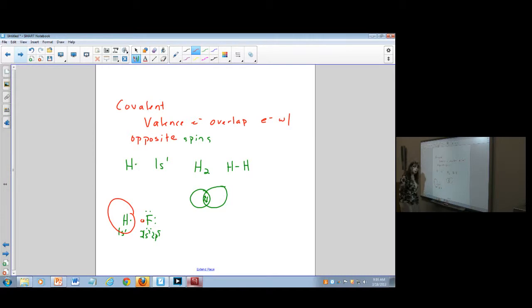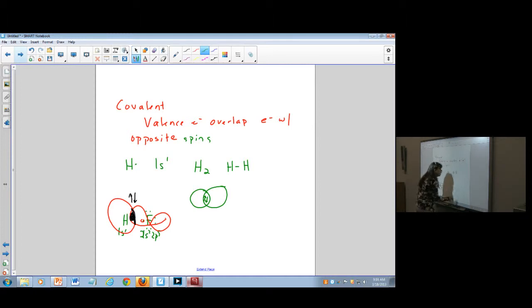Now remember hydrogen is a sphere, and the p orbitals of fluorine, where this extra electron is, are shaped like a dumbbell. So we might get something that looks like this. Either way, now our electrons can be in this space where the overlap happens, and one would be spinning in one direction and the other would be spinning in the other direction.